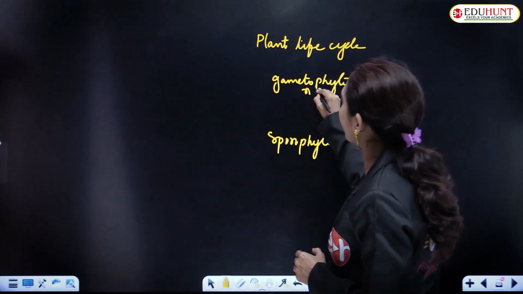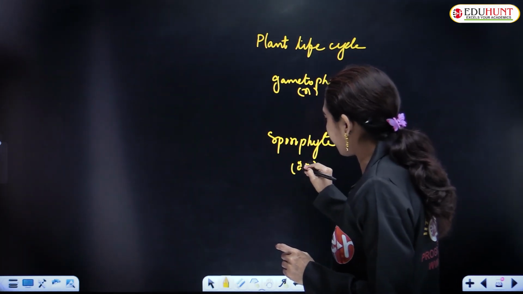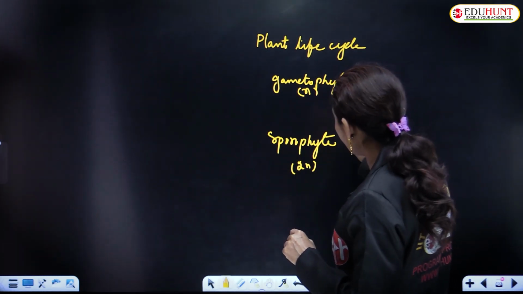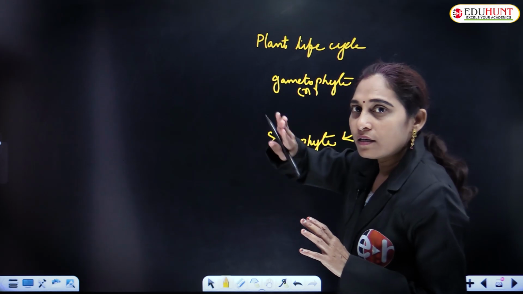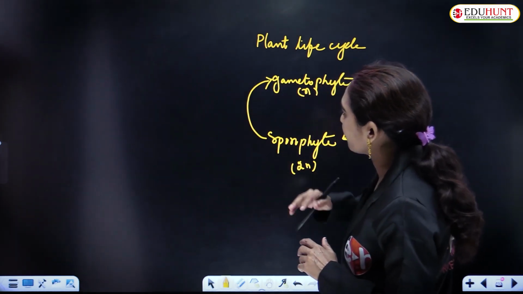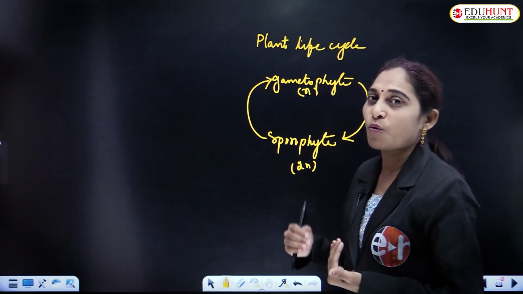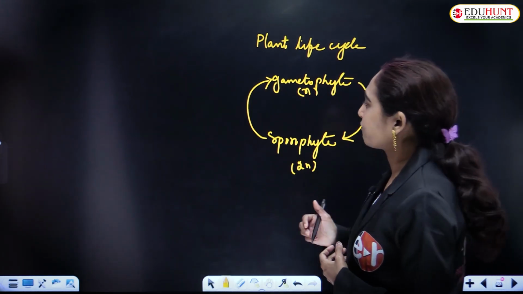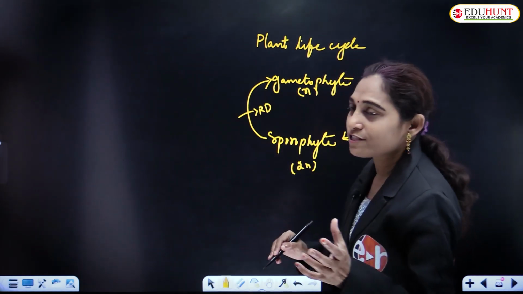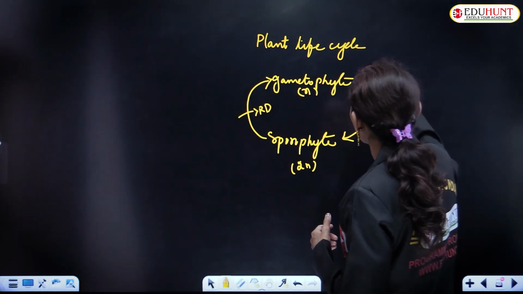Gametophyte is haploid, sporophyte is diploid. We represent diploid with 2n. Gametophyte after fertilization produces sporophyte. Sporophyte after meiosis, that is reductional division, gives rise to gametophyte.